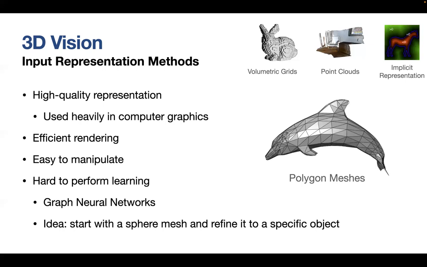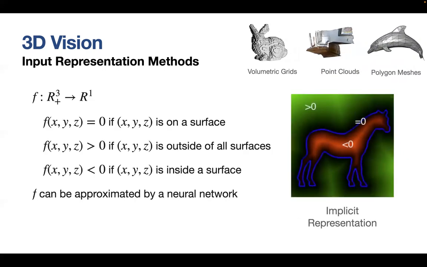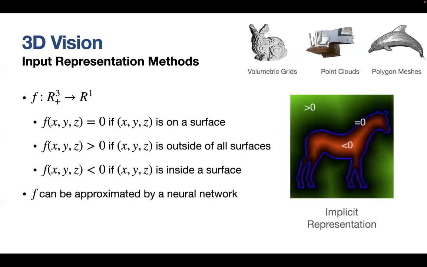So we can interpret all these objects as a refinement of the sphere mesh, actually. So there are quite interesting works along these lines, but this is not exactly the representation that is used so often. And the last thing I want to mention is the implicit representation.